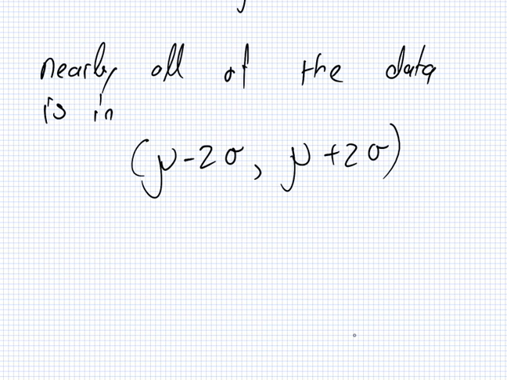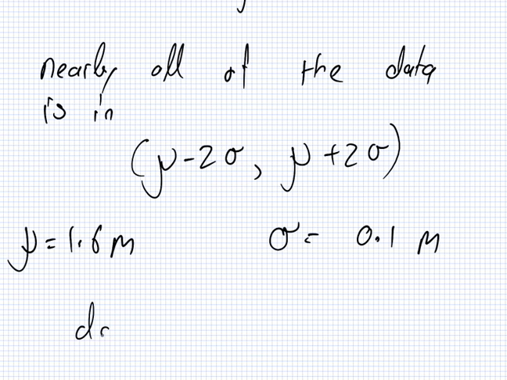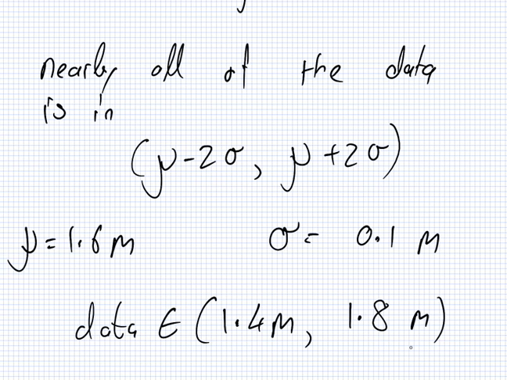I know that practically every piece of data you have will be bigger than the average minus 2 standard deviations, but smaller than the average plus 2 standard deviations. So although I can't see the data, I expect it to be between 1.4 meters and 1.8 meters.